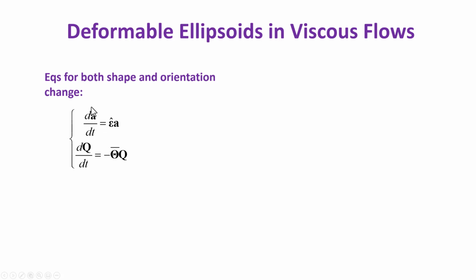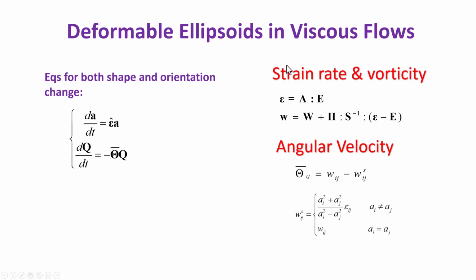The shape change is described by this equation. A is a vector representing the three axial lengths of an ellipsoid. These two equations are coupled. Because we know the strain rate and the vorticity expressions from the partitioning equations, the angular velocity for the object can be obtained.